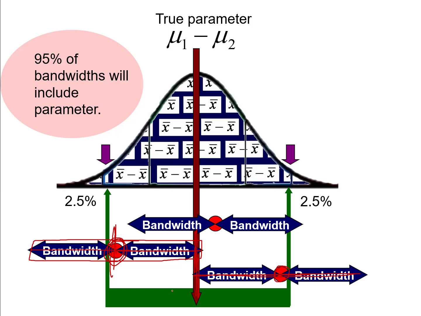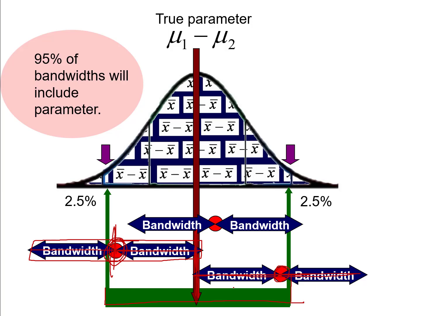And every time I do a study, if it falls in the green area, if I put the bandwidth around the statistic for my study, that bandwidth will include the true population parameter. So we know this: 95% of sample statistics will fall in the green area. And when a sample statistic falls in that green area, the statistic plus or minus the bandwidth will include the true population parameter.